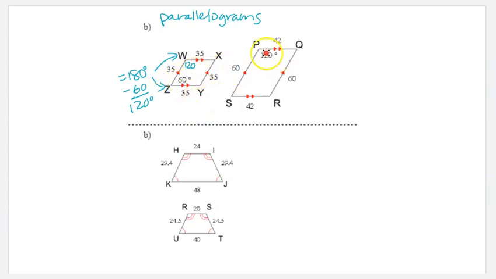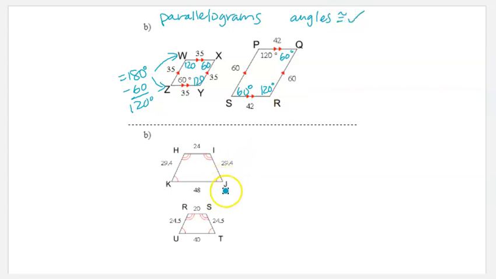Angles opposite of each other are congruent, so that's Z and X. X will be 60 as well, and then W and Y are opposite, which makes Y 120. So going similarly around PQRS, I will know that this will have to be 60, 120, and 60. So yes, I do have angles being congruent here.